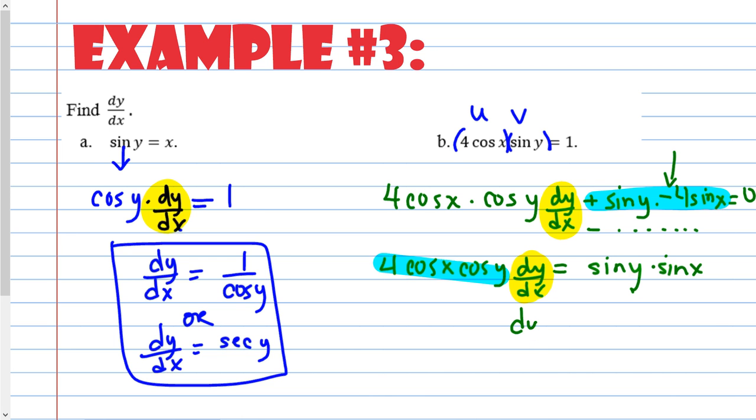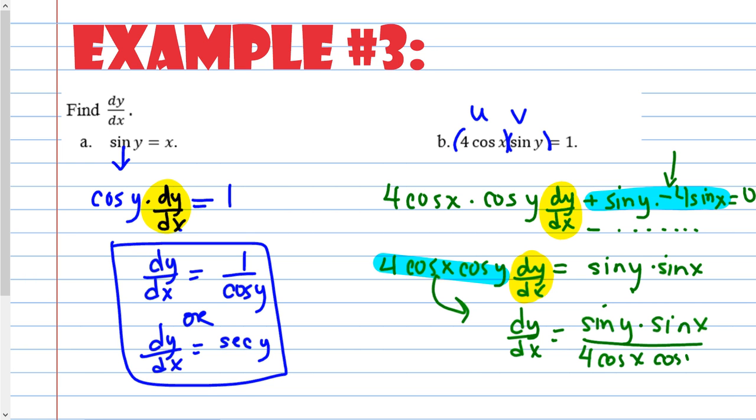So dy dx equals, on the right side, sine y times sine x, and by moving this over, I have to divide, so I get 4 cosine x cosine y.